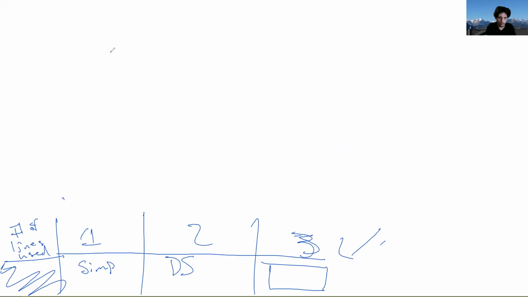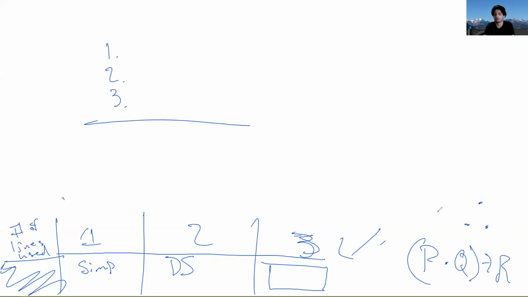We're trying to go from a set of sentences to some sentence to another sentence that's previously determined. It doesn't have to be P. It could be complicated in itself. Maybe it's P and Q implies R. You know, maybe that's what we want to prove, that if P and Q are true, then R is true. And the idea is we have to be able to use these lines to get there.